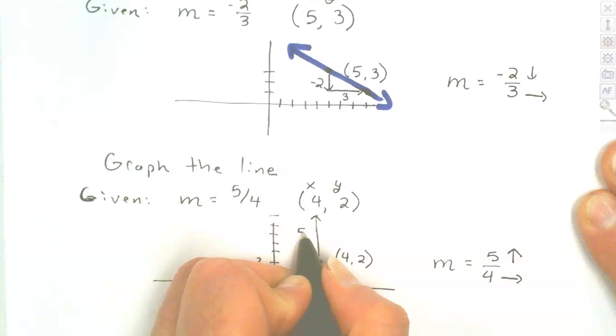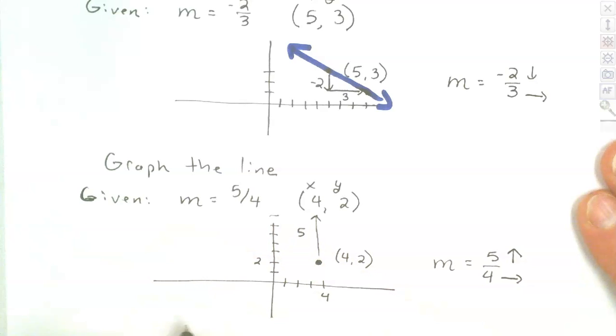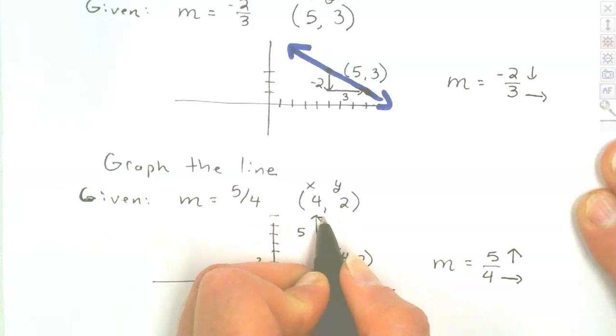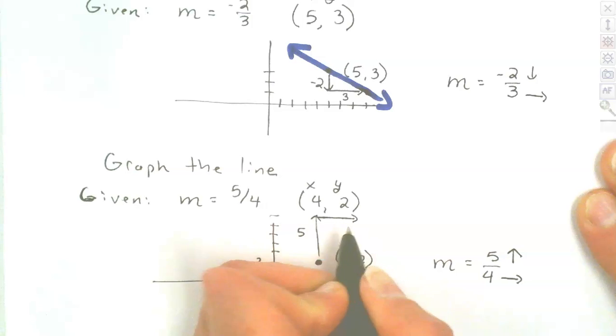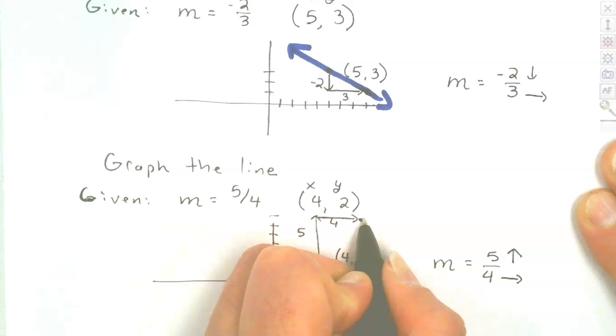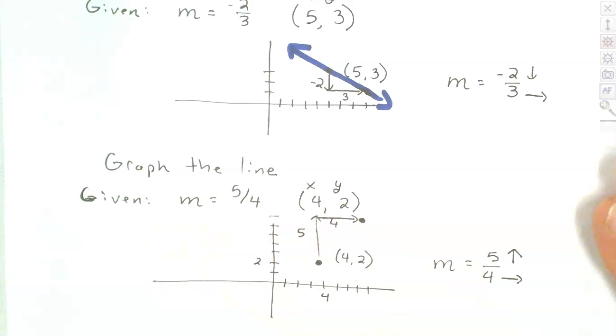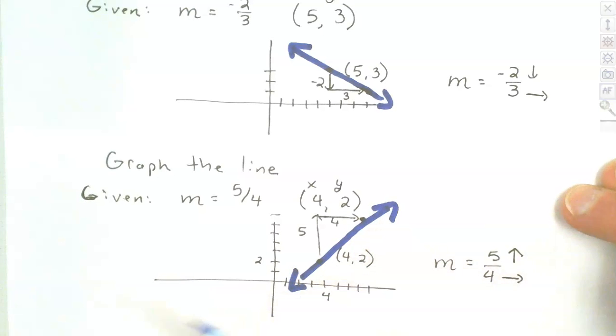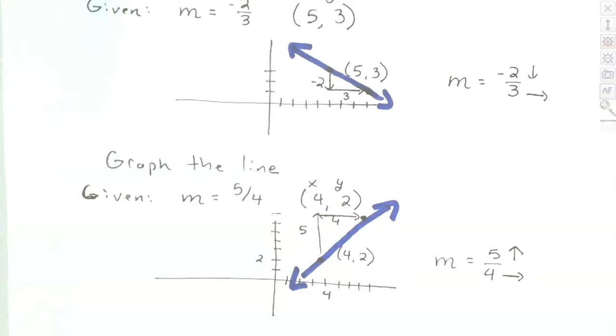So we'll go up 5 units, and then we'll go over 4 units. We make our second dot, and then we can connect them together. So you plot your point, and then move according to your slope.